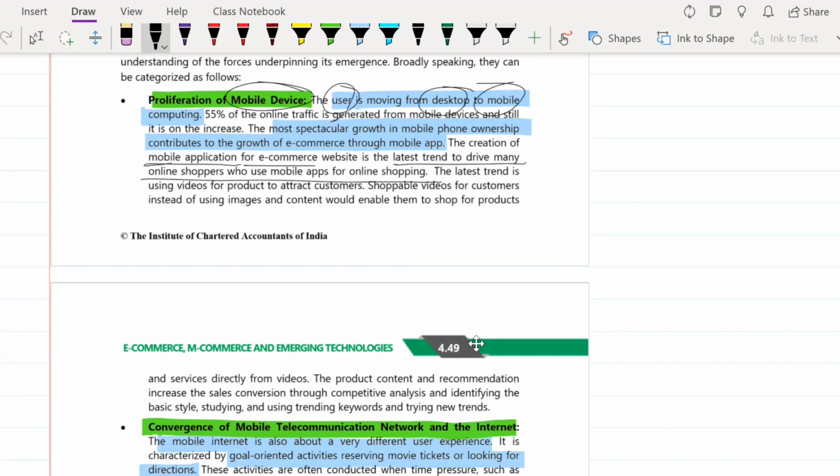When you're traveling on a train, you can book anything that you want. When you're just walking on the road, you can buy anything you want. Due to that ease in placing orders and buying products, the e-commerce growth was very huge.